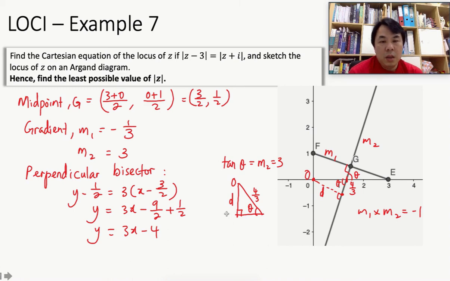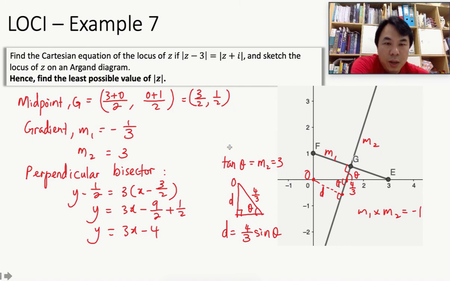All we need to do is work out the D from here. Now the D is basically 4/3 sine theta. There are many ways to do this. We know that tangent theta is equal to 3 here.